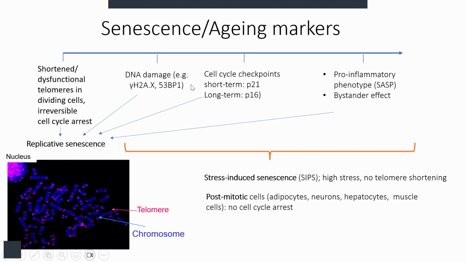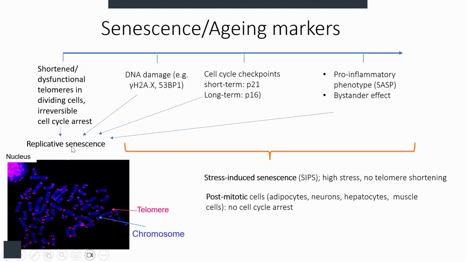A very good senescence marker is also the DNA damage marker gamma H2AX, which we use. Other people use 53BP1. We also analyzed cell cycle checkpoint related kinase inhibitors like P21 and P16. And it is known that there is a pro-inflammatory phenotype connected to senescence, and we analyzed some of those on the expression level.